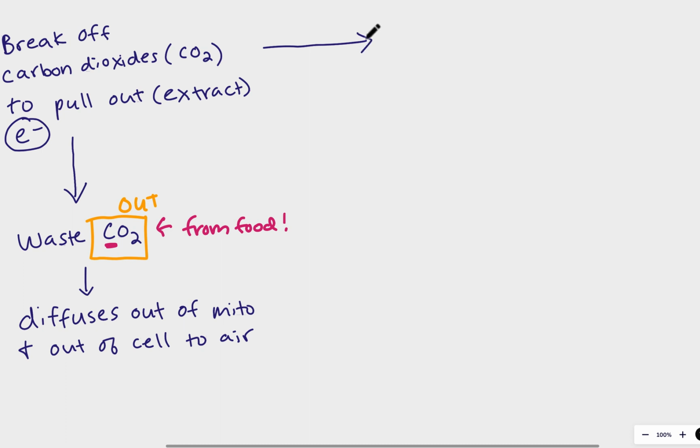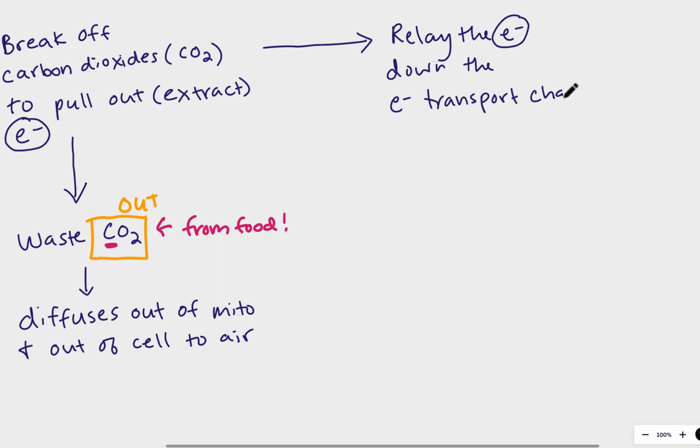All right, after we break off the carbon dioxides, and basically we're breaking bonds, and we've extracted the electrons, we're going to relay the electrons down the electron transport chain. I have a lecture about that. We call that the ETC. It's basically just a bunch of complexes that can relay electrons.